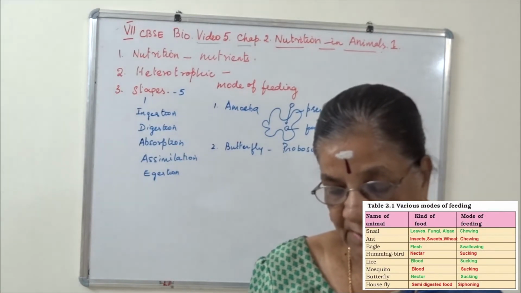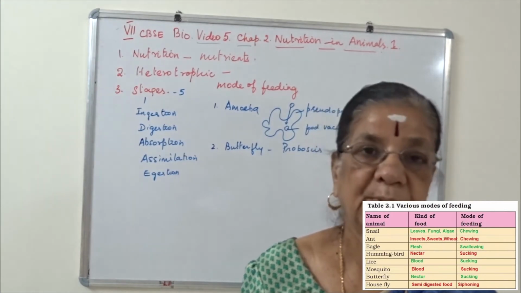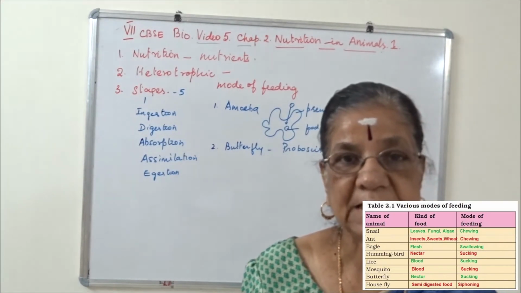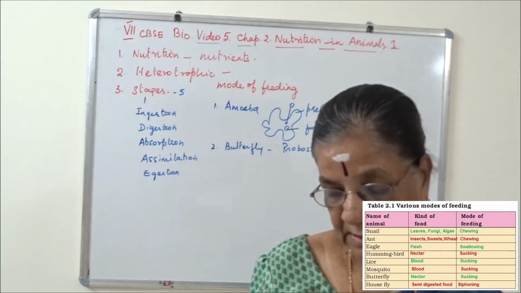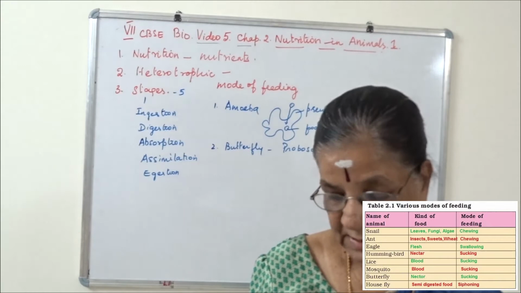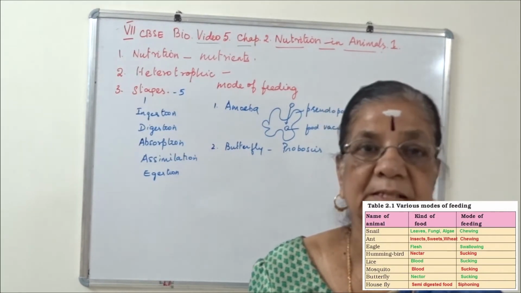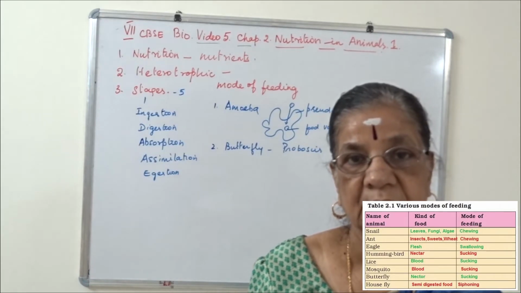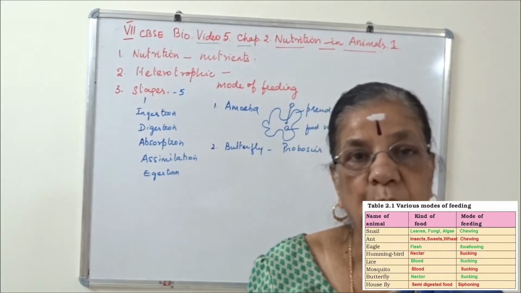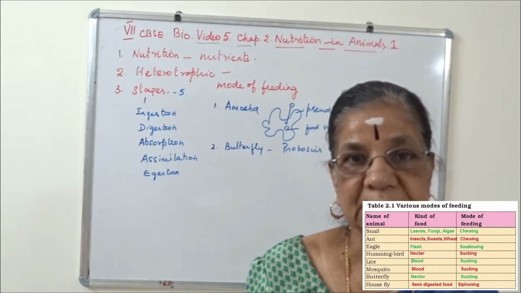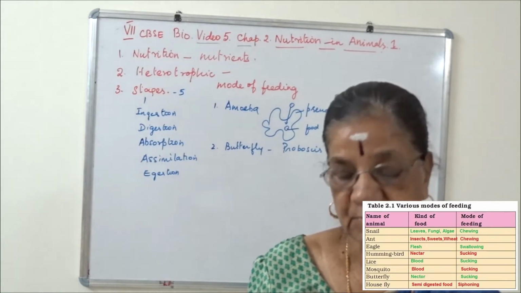I repeat, animals get their food from plants either directly by eating the plant, as grass-eating herbivorous animals do, or indirectly by eating animals that eat plants. I hope you follow. Then some animals eat both plants and animals. They are carnivores, secondary consumers.